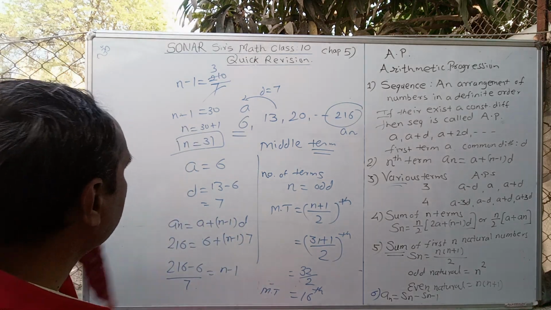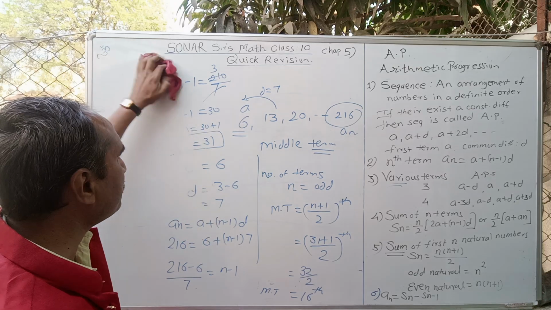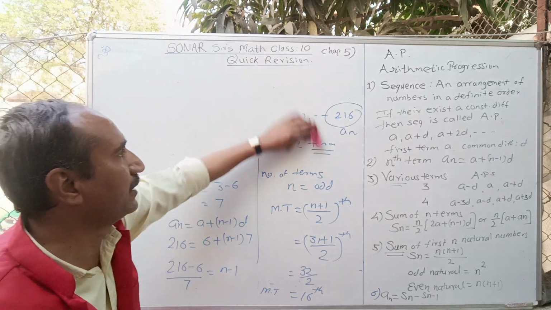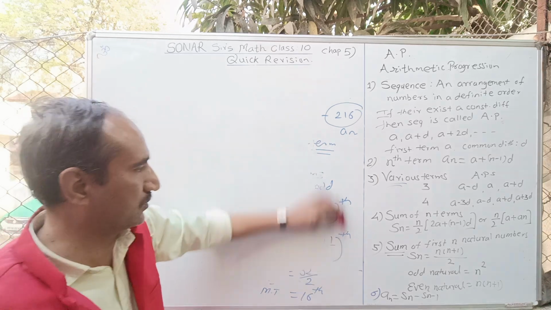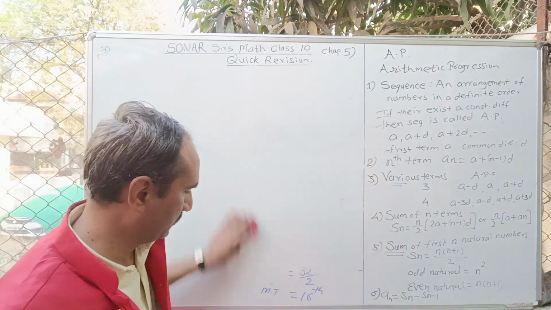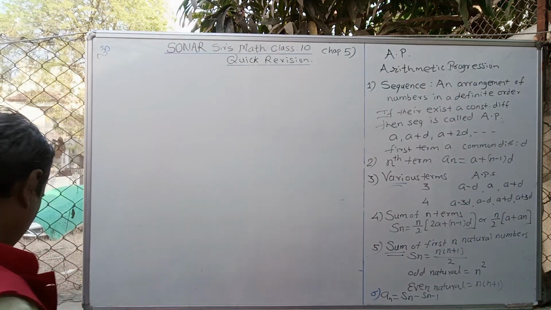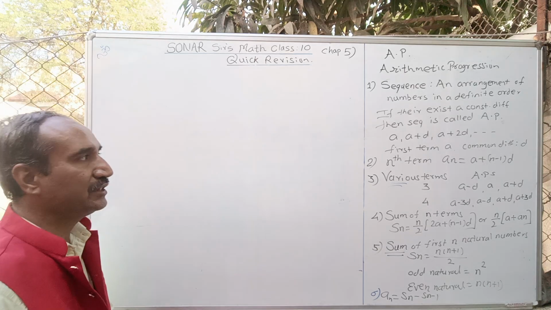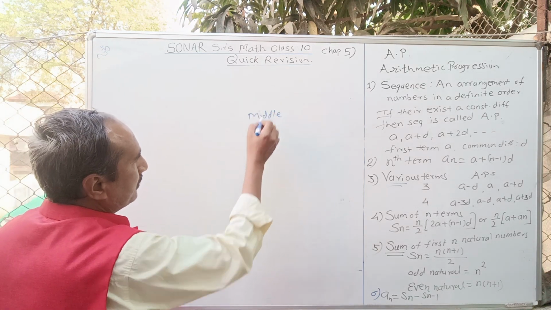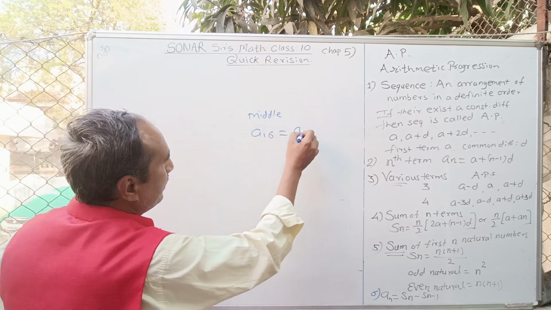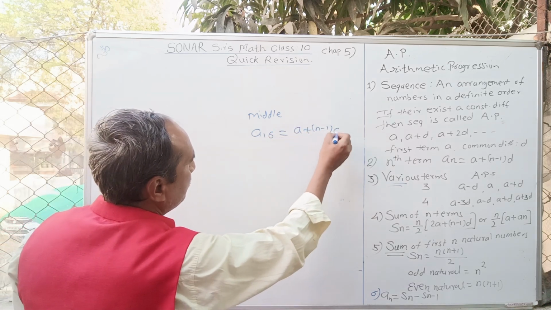Now it is asked to find the middle term also. We find the term also. So if we want to find the 16th term, the middle term, a16, the formula is a plus (n minus 1) into d.